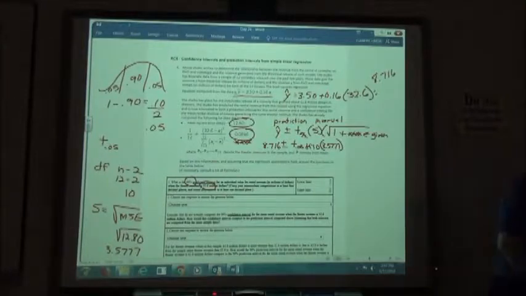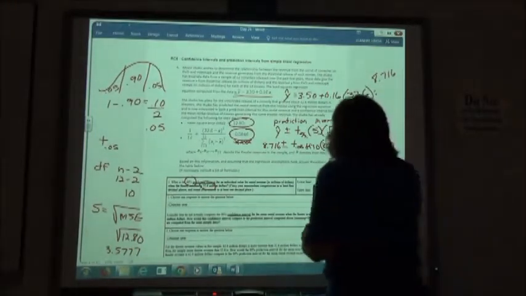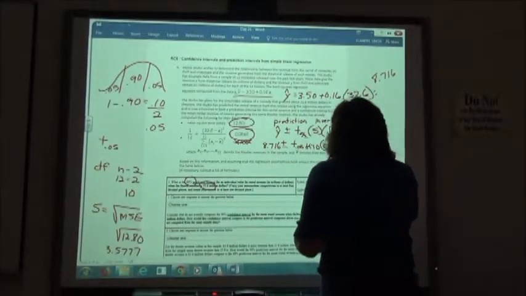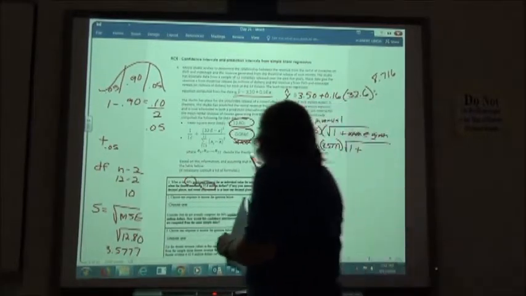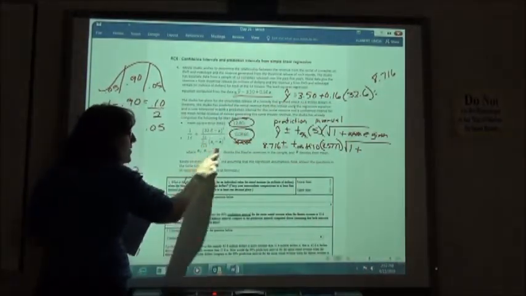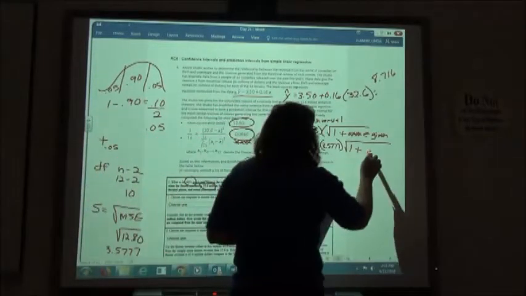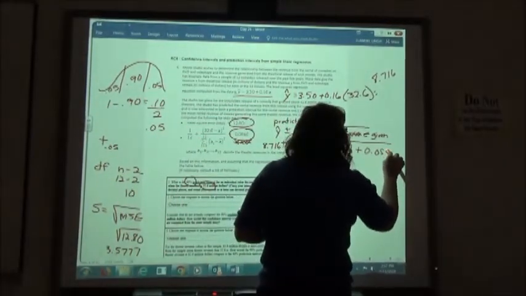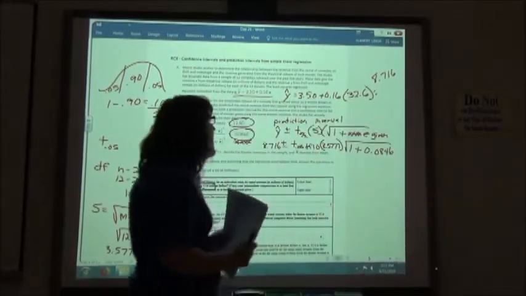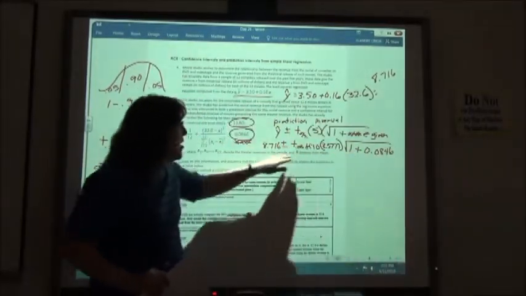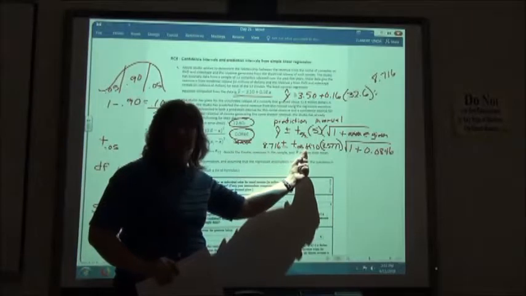On the end of my equation, I'm going to do the square root of 1 plus whatever this number is that they got by doing this big, long, crazy calculation. In this case, 0.0846. Now these ones you've got to do on your calculator because you have to do the t sub.